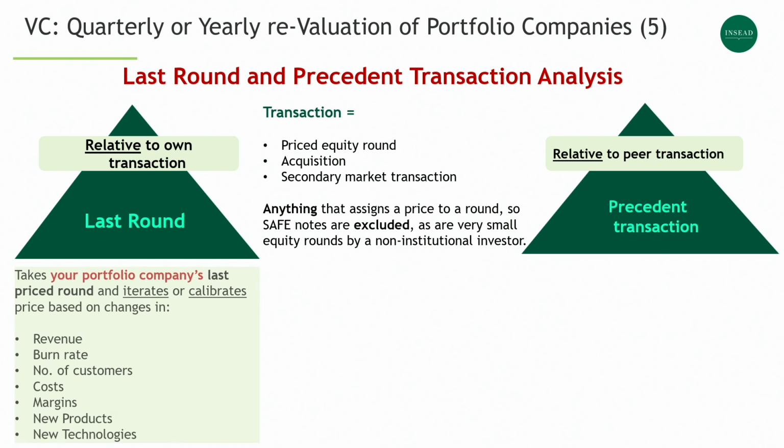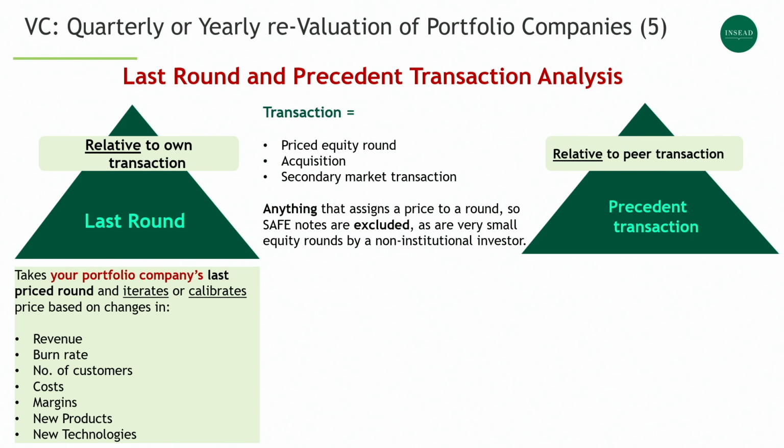So let's have a look at the last round. The way this works, you take your own portfolio company, and that portfolio company has just raised an additional round. So we either iterate or calibrate the price, the valuation that was set by that last round, based on revenue, burn rate, number of customers, their cost base, their margin, have they launched a new product, do they have any new technology?